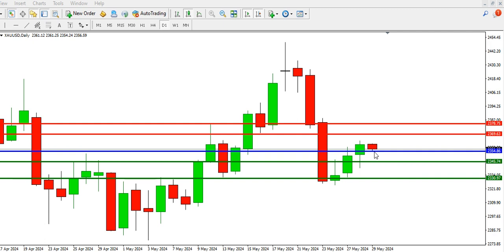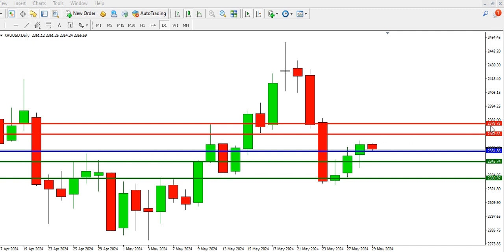So two things might likely happen. We might see a test of this pivot level at 2354, then we might see a bounce to resistance 1 and resistance 2. Resistance 1 is at 2369.